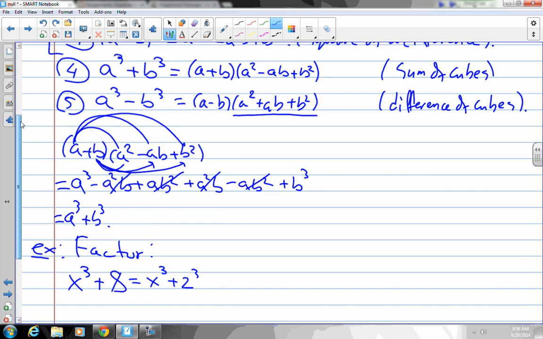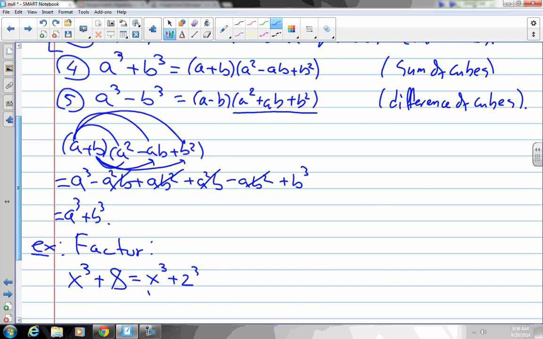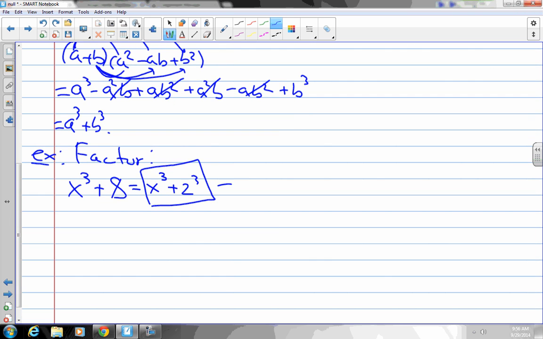So all I have to do now is match this with my formula. What is A in my formula right now? X. And what is B? 2. So that means for every A, I have to put an X, and for every B, I have to put a 2. So then it just automatically works, I don't have to really do anything else.